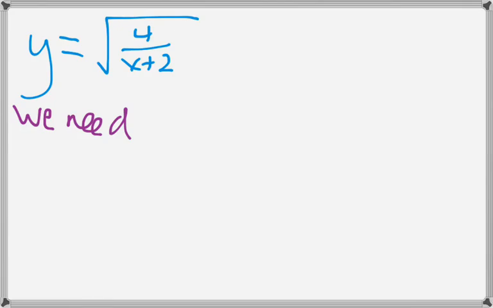We need to make sure that the number under the radical is non-negative. So what's under the radical? Well, it's 4 over x plus 2. So we need to make sure that that fraction isn't equal to a negative number. So it needs to be positive or 0.